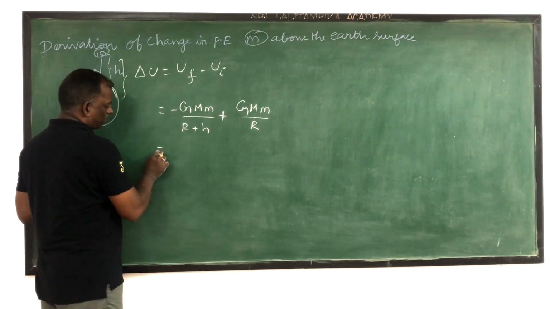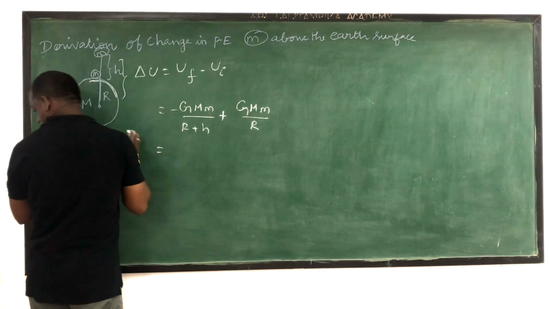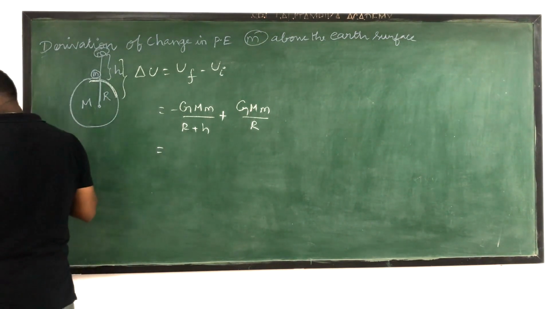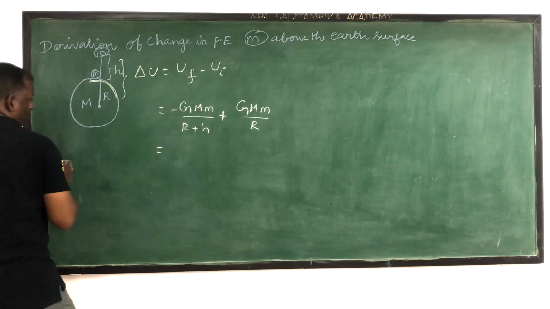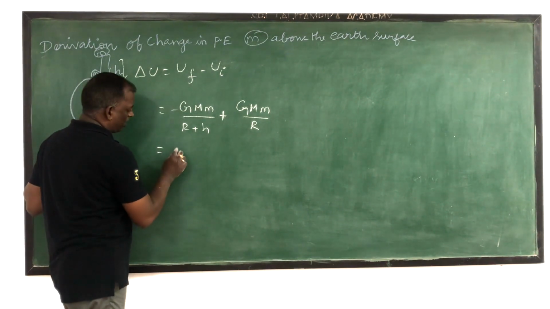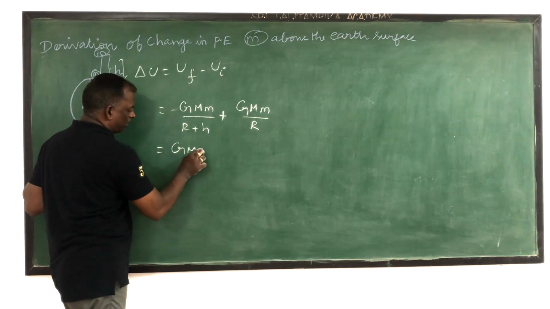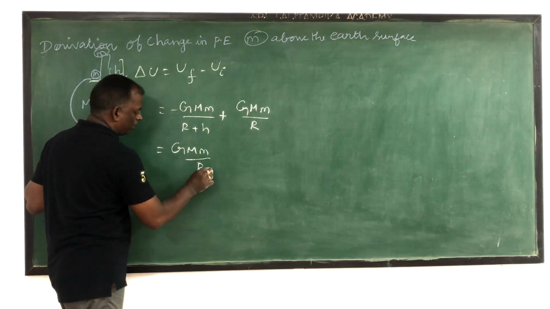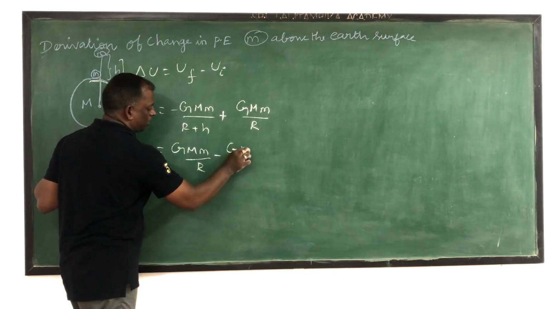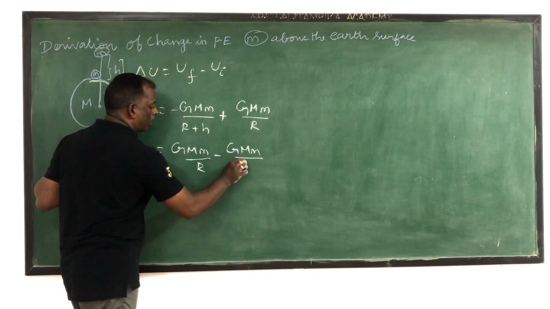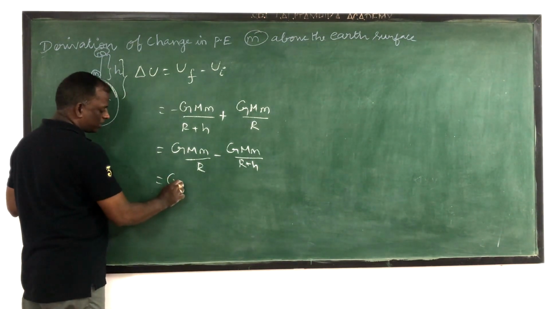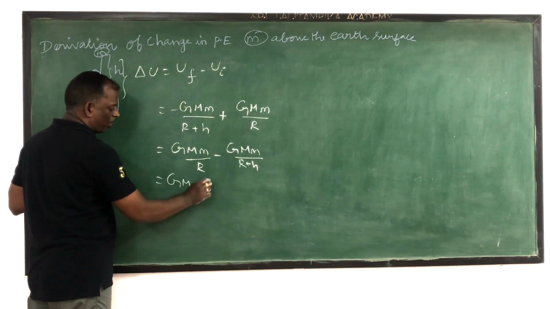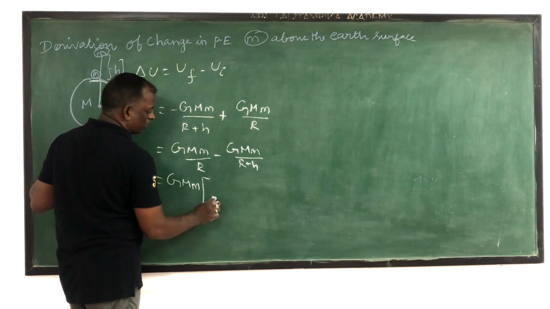So if you solve this, it will be G capital M small m by r minus G capital M small m by r plus h. So we can take G capital M small m common. What is the LCM?